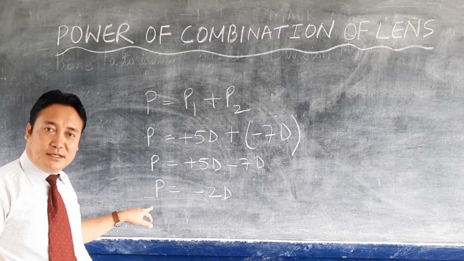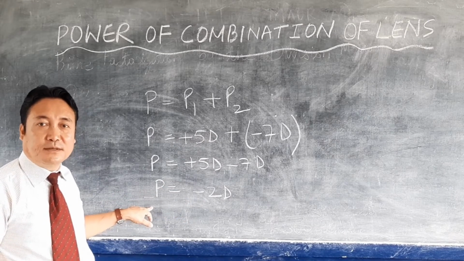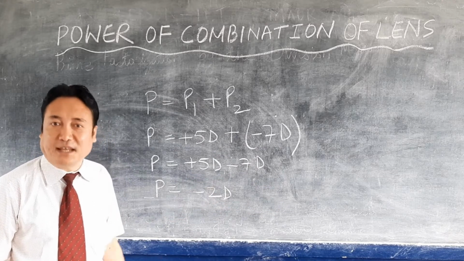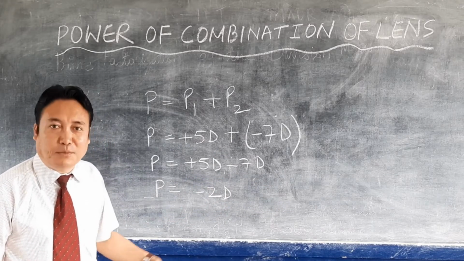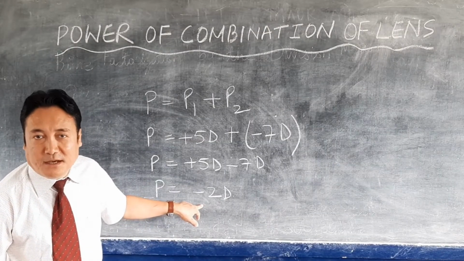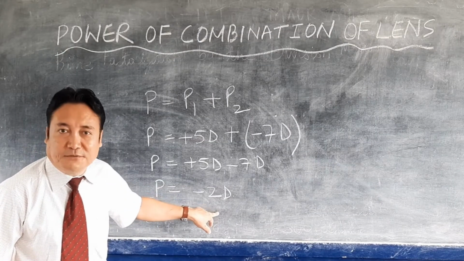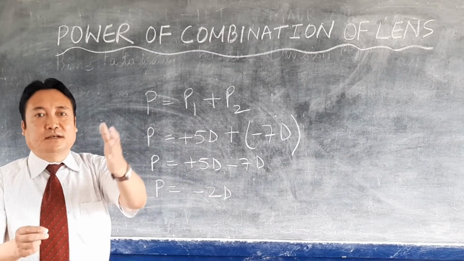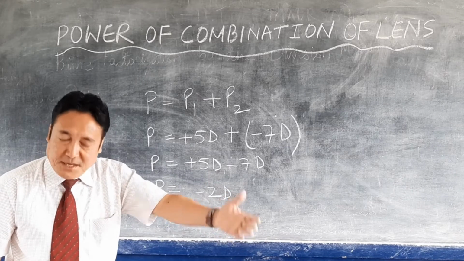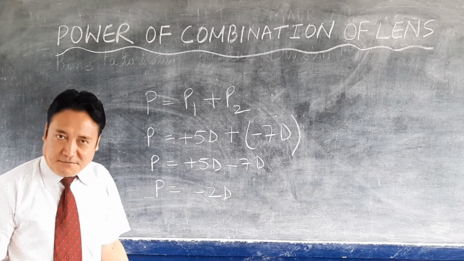Since the power of a concave lens is negative, and the resultant power here is minus 2D, the combination of the convex lens and concave lens behaves as a concave lens.